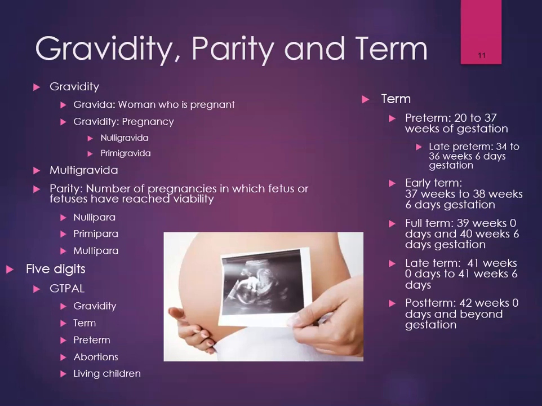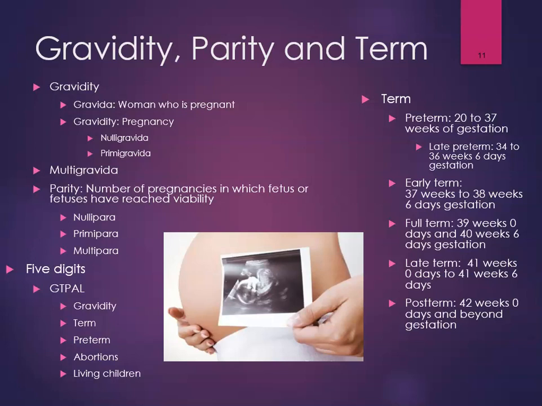So when we're talking about term, this is anybody who has their baby 37 weeks or more. So once they hit 37 weeks, they have a term baby. Again, no matter the outcome, if they have a stillborn at 39 weeks, that's still a term baby. Preterm is 20 weeks. So once they hit that parity, 20 weeks up to 36 weeks and 6 days. So the day before 37 weeks, again, no matter the outcome, that is going to be preterm.